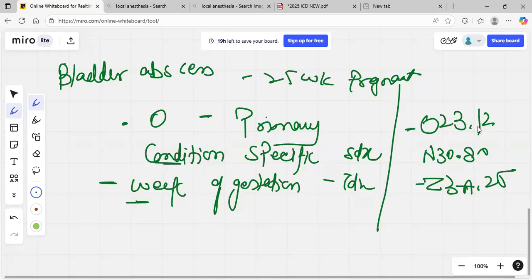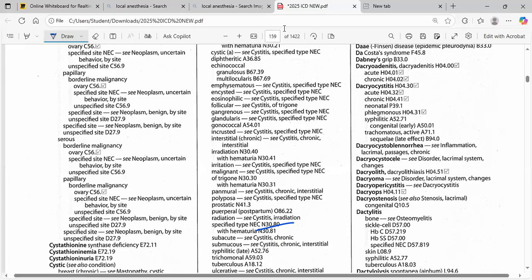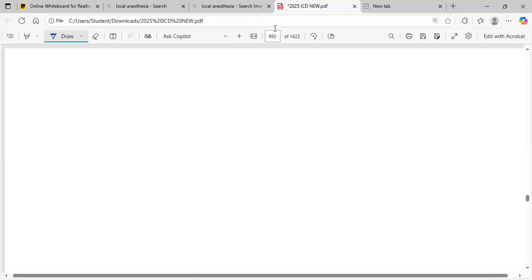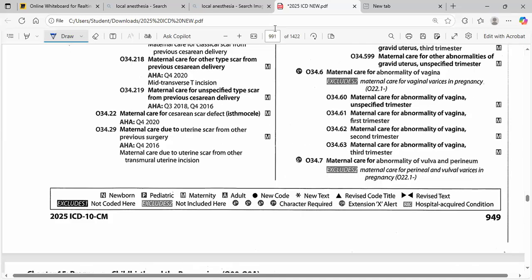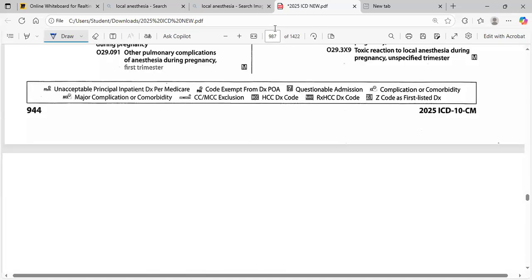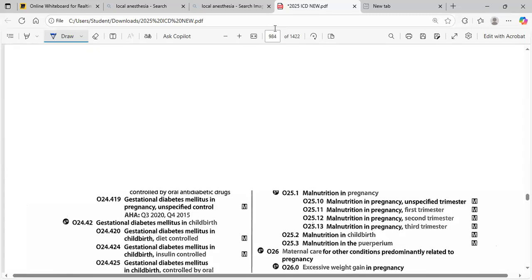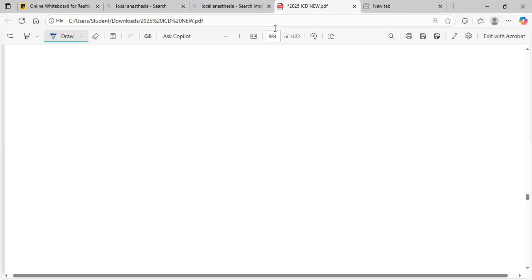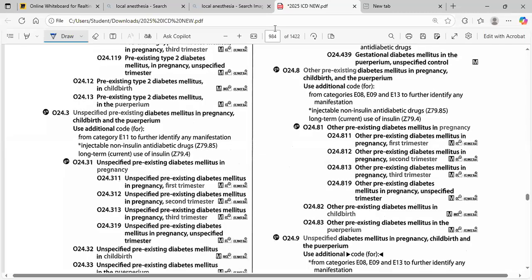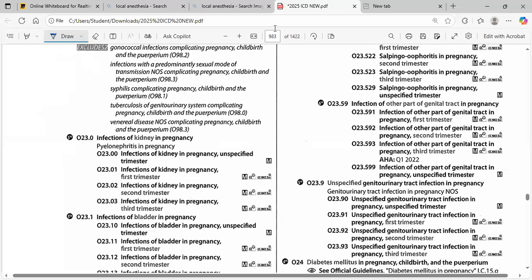So let me go and pull the description for the O23.12. Here we go.